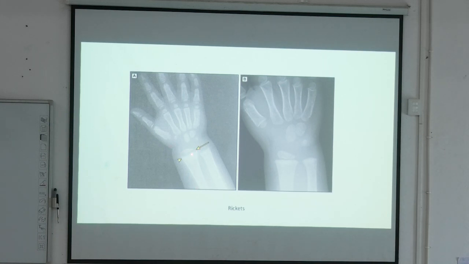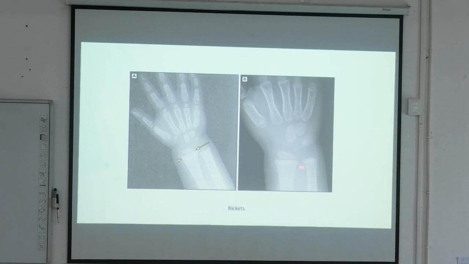Now in the cartilage, adequate mineralization is not there. Because of the pressure, what will happen if the mineralization is not there? There will be widening of the lower end of the bone, the end of the bone. There is widening of the bones.